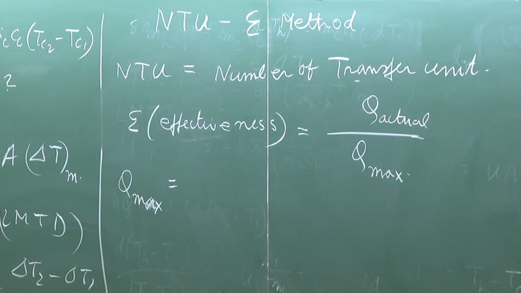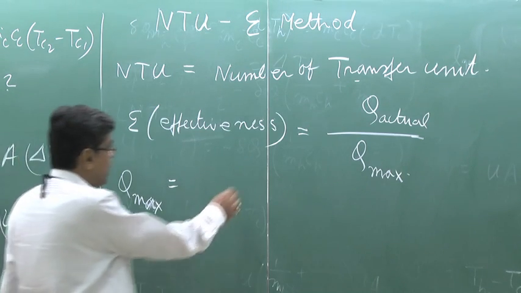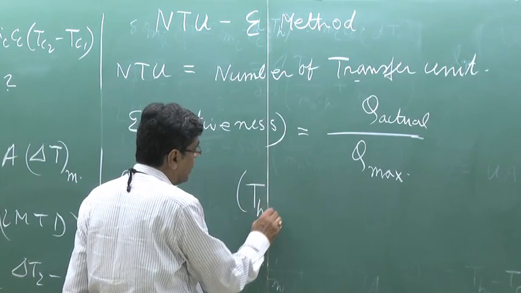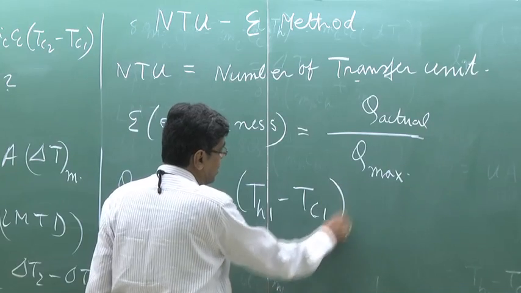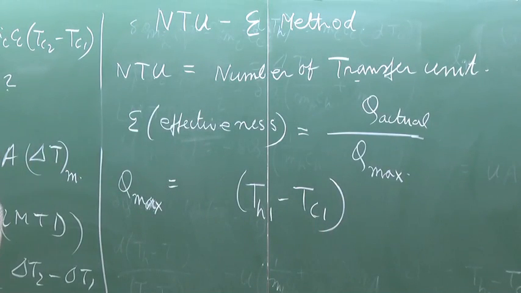The maximum heat exchange will be possible when the cold fluid will attain the inlet temperature of the hot fluid, that is the maximum temperature available in the exchanger. Or the other way, the hot fluid will be cooled to the inlet temperature of the cold fluid, which is the minimum temperature of the heat exchanger, which means Q max will be associated with the maximum temperature difference TH1 minus TC1 of the exchanger. But there is a clue.